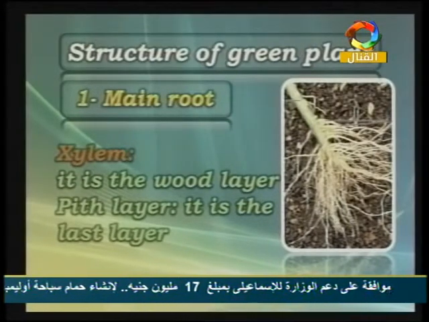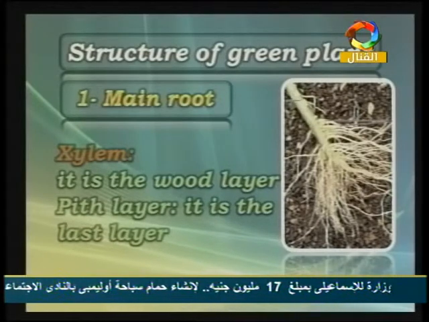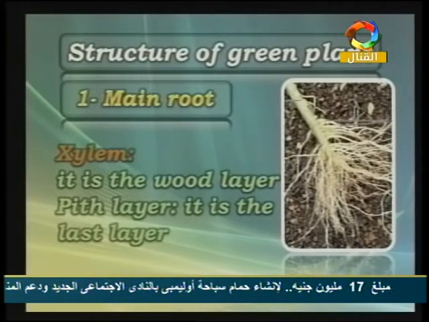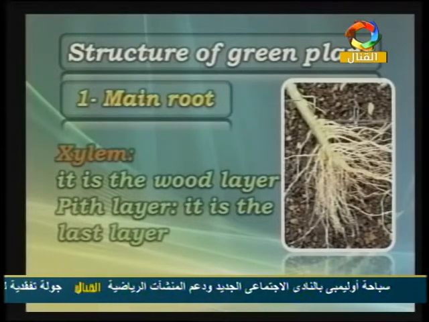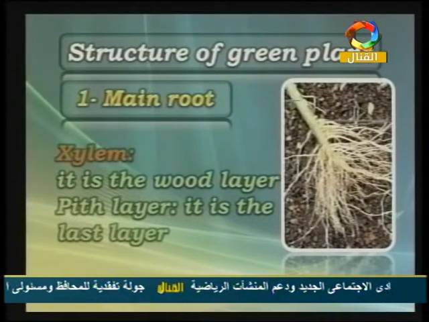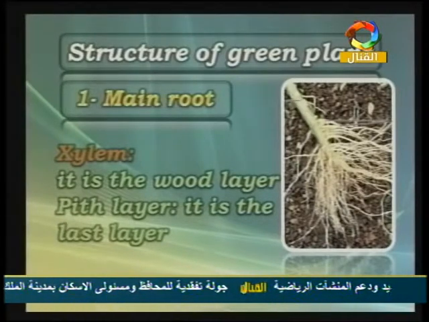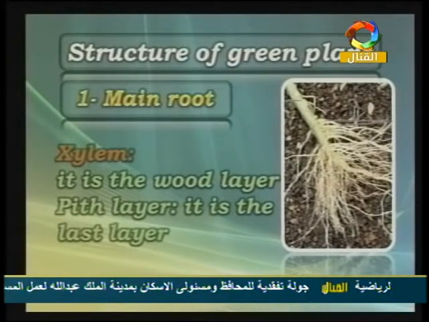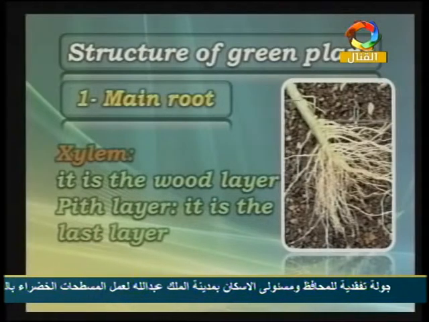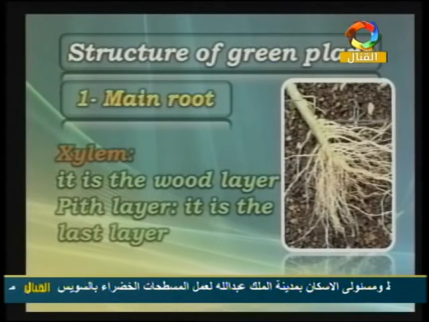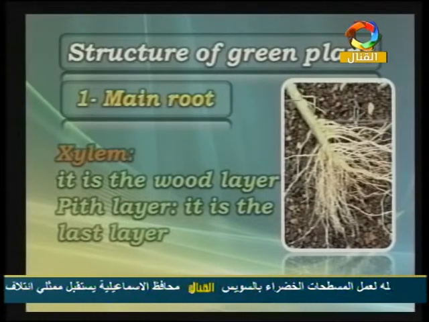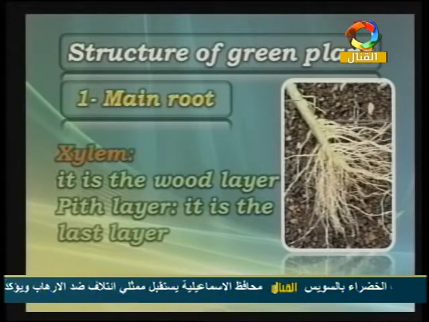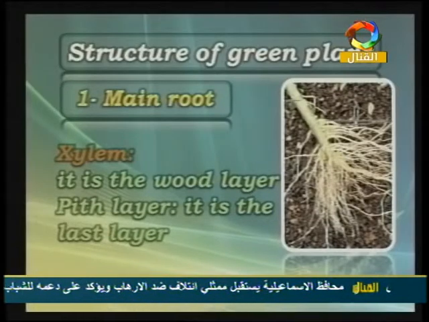Pith layer, it's the last one inside the root that makes like the pipe, that makes like straw. Straw, it means absorb, or like the pipette. It makes absorption of water and mineral salt inside it to reach it to all parts of the body of the plant. To all parts of the plant, like what? Like leaves, like flowers, like buds, like terminal bud, like stem, like many things of this.